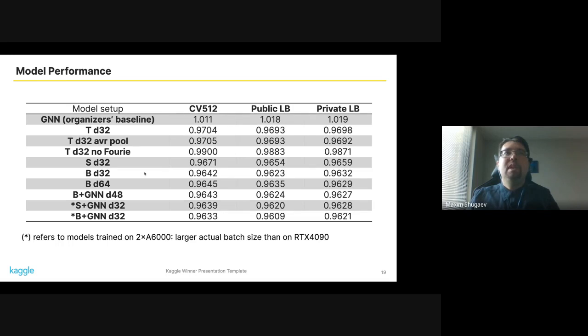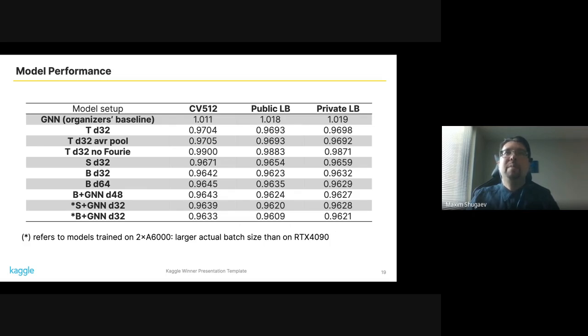Scaling up the model from tiny to small and to base gives approximately 30 basis points at each model size increase. Use of the graph neural network encoder has contradictory results. In experiments we ran on the same hardware, we have approximately the same performance with and without the graph neural network.